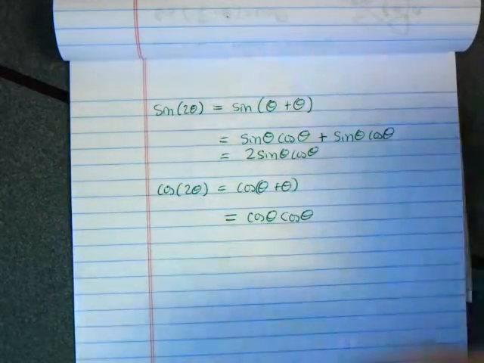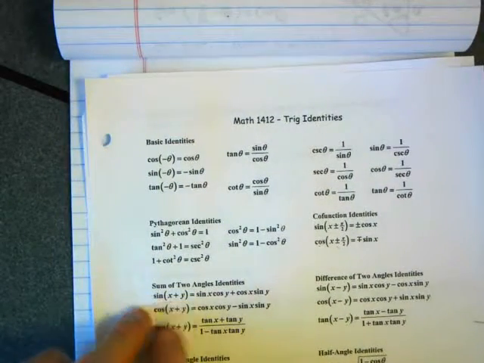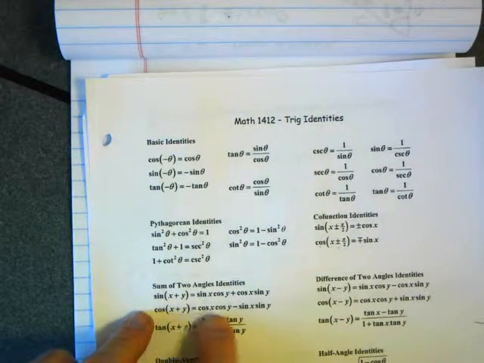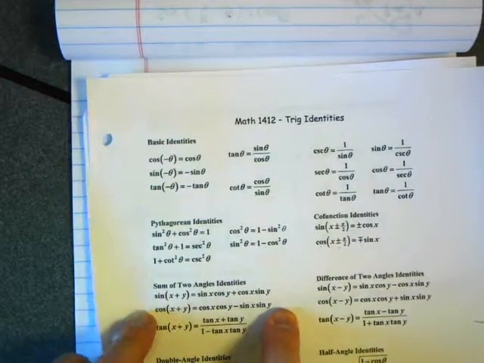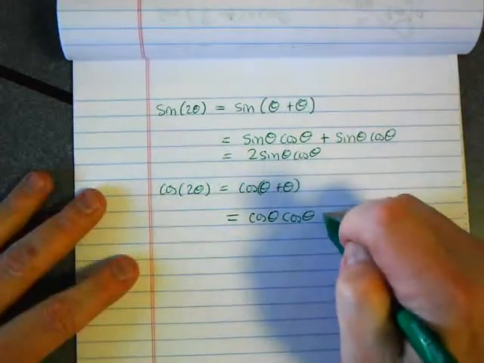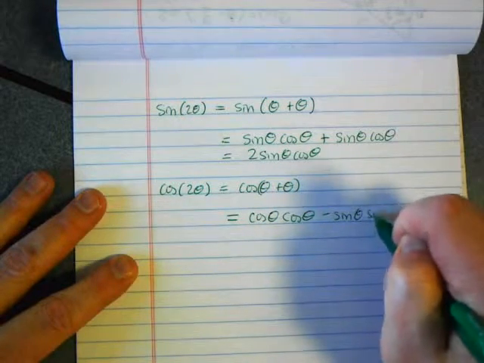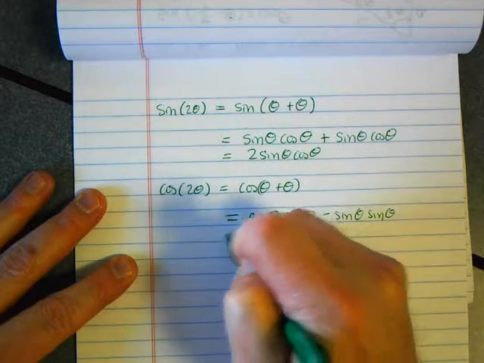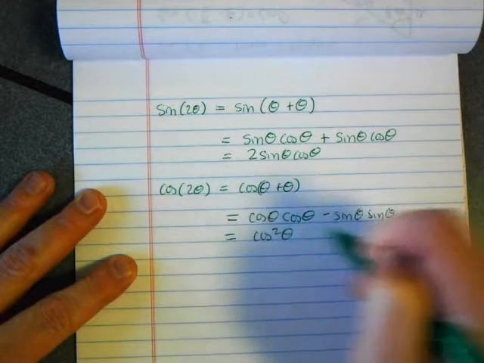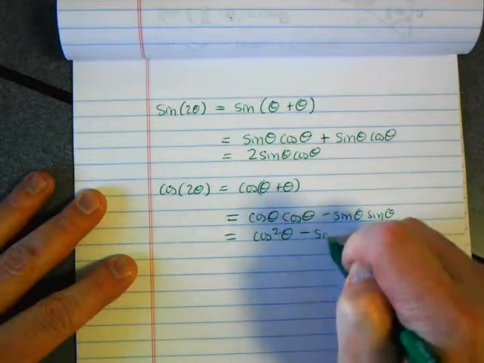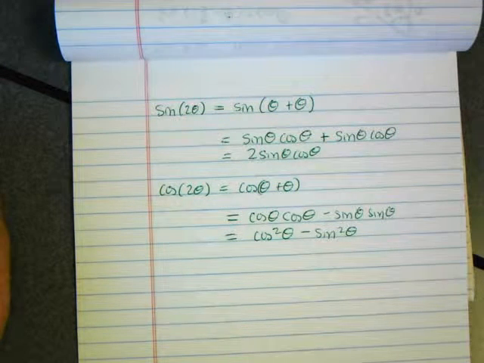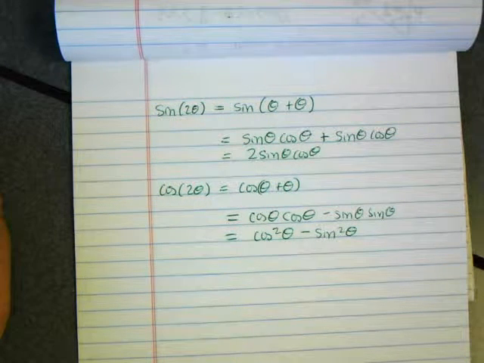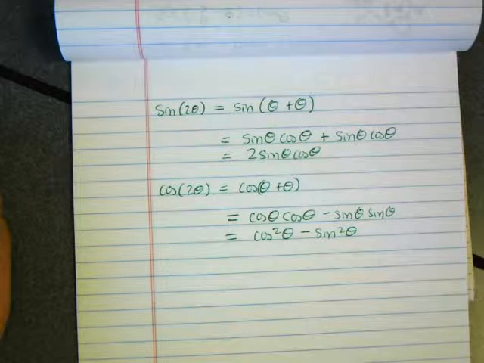Unfortunately, it's a minus in the middle, isn't it? Cosine of x plus y is cosine, cosine minus sine, sine. So that's going to be minus sine theta sine theta, commonly written as cosine squared theta minus sine squared theta. Questions on that?